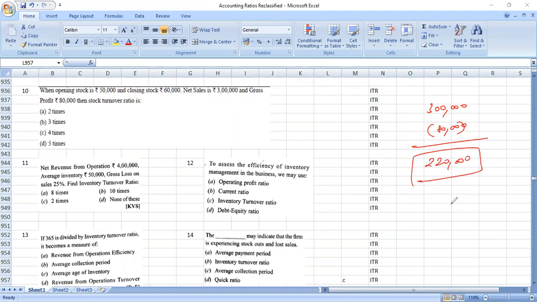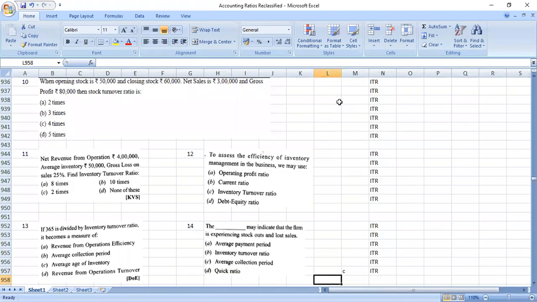Cost of revenue from operation 2,20,000 divided by average inventory, 50,000 plus 60,000 divided by 2, opening stock plus closing stock by 2. So 1,10,000 divided by 2 is 55,000. 2,20,000 divided by 55,000 is the inventory turnover ratio. 3 zeros will get cancelled. 20 by 5, it is 4 times. Answer is C, 4 times.